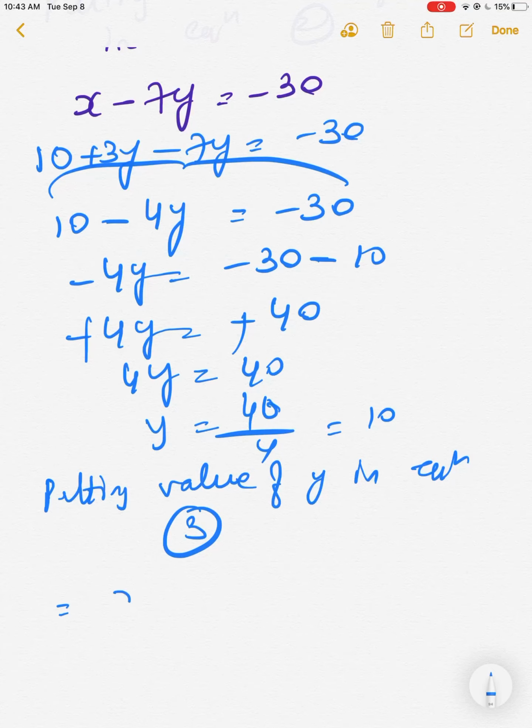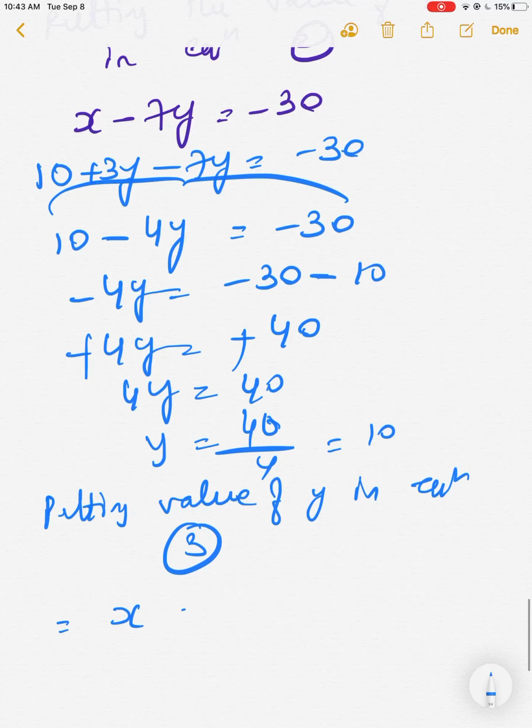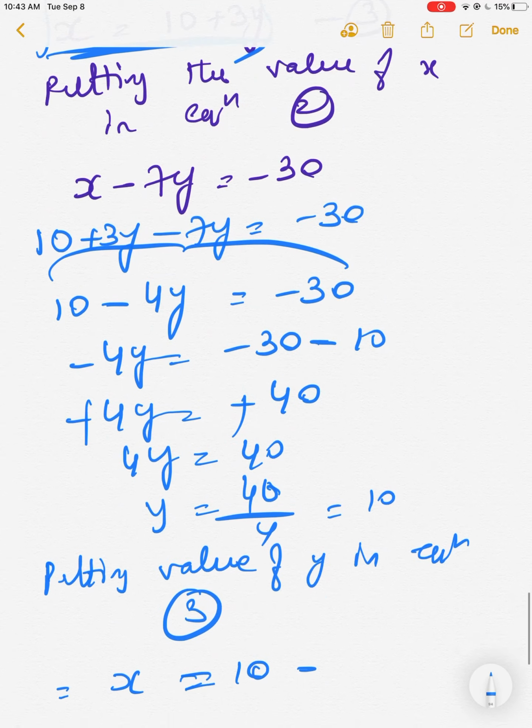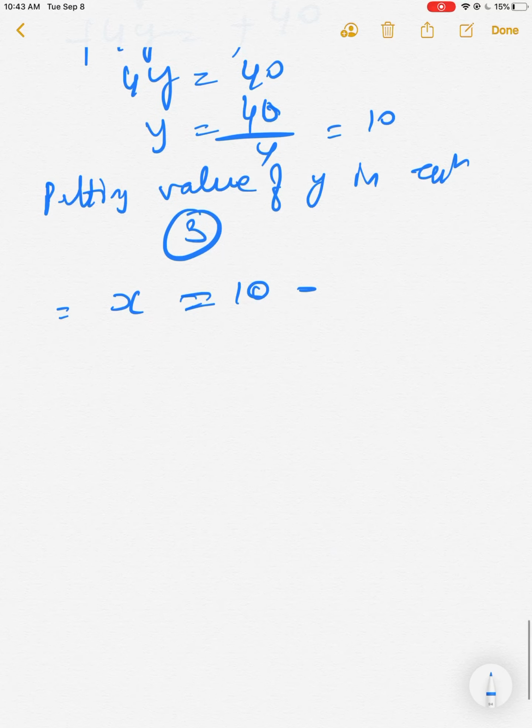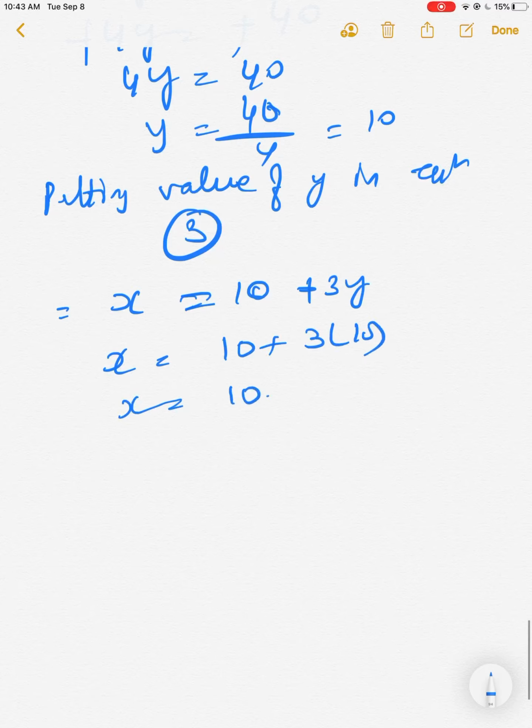What is equation 3? Equation 3 is x is equal to 10 plus 3y. So x is equal to 10 plus 3 into 10, x is equal to 10 plus 30, x is equal to 40.